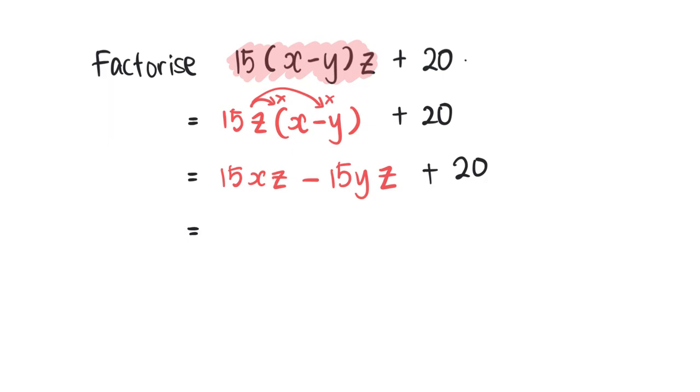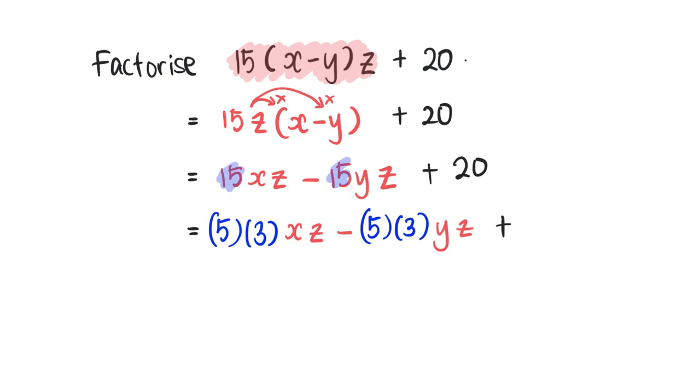So 15, you will see me writing 15 as 5 times 3. Okay, I will still continue to write the x and z, minus 5 times 3. And the 20, I would rewrite 20 as 5 times what number? Brilliant! 4.